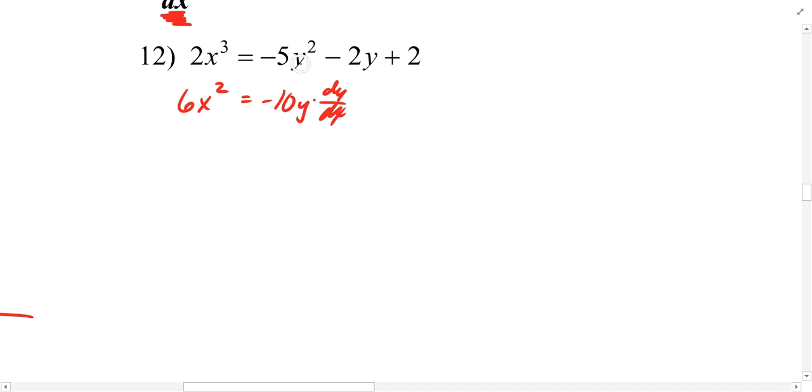That differential is included because the variable disagrees. The derivative of negative 2y is negative 2, but again, we've got to include dy/dx, because this variable differs from the variable of differentiation. And the derivative of 2, well, there is no variable here, so we can apply the constant derivative rule.